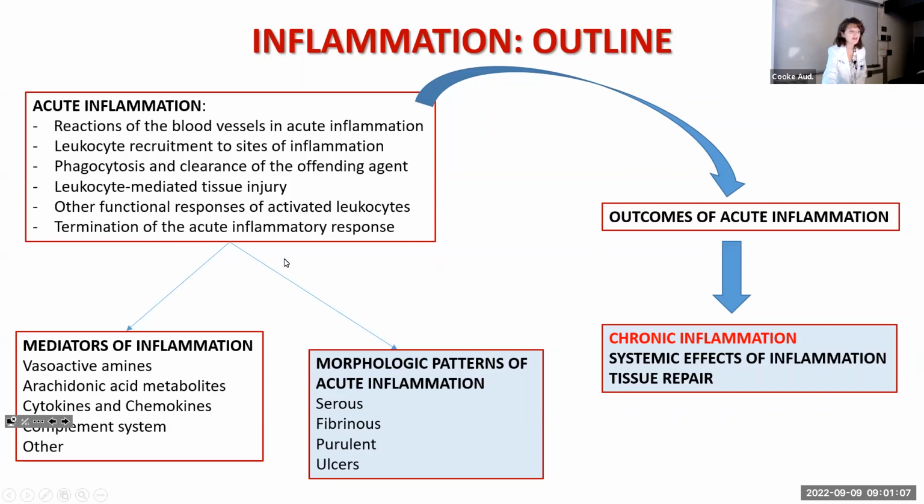We learned yesterday about inflammation and the key participants in the process of acute inflammation. Today, we're going to take a look at these morphologic patterns of acute inflammation, and we start looking at the outcomes of acute inflammation. We'll start the day with chronic inflammation, and next lecture, we will talk about the tissue repair.